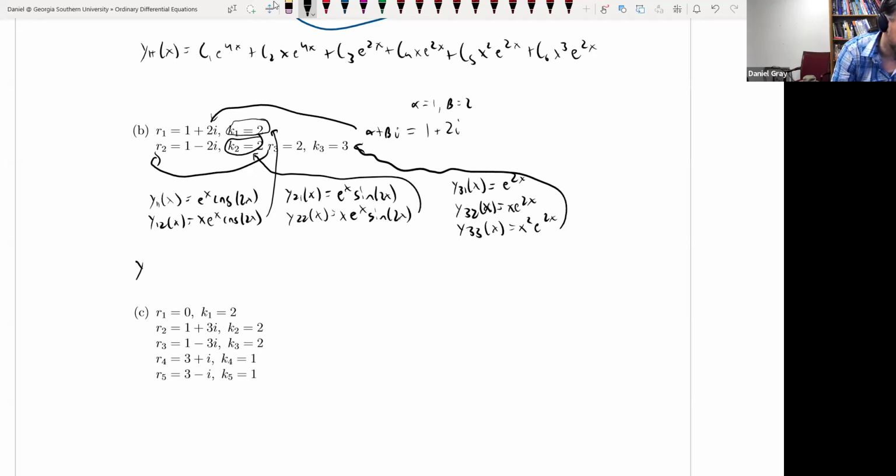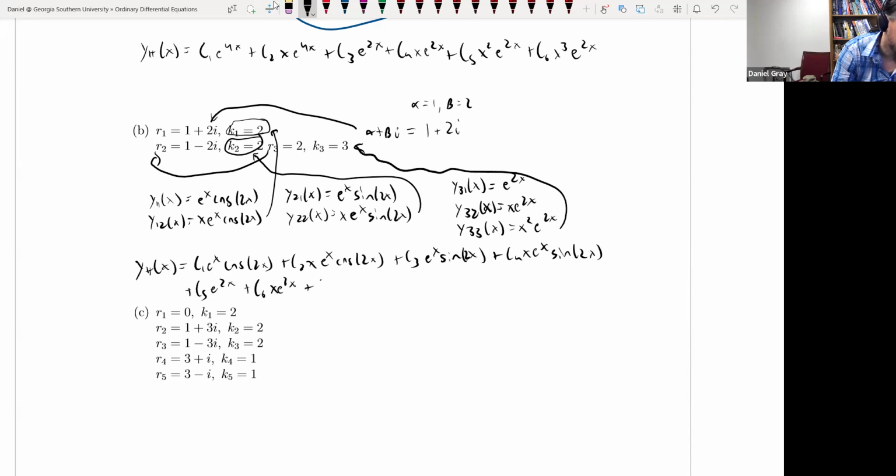So our general homogeneous solution will be a linear combination of all these: C1 e to the x cosine of 2x plus C2 x e to the x cosine of 2x plus C3 e to the x sine of 2x plus C4 x e to the x sine of 2x plus C5 e to the 2x plus C6 x e to the 2x plus C7 x squared e to the 2x, and that's it.